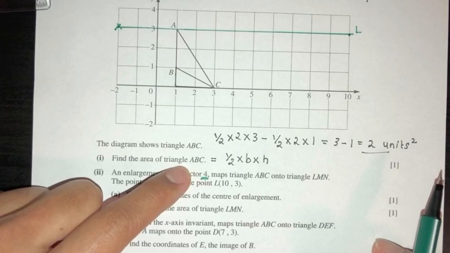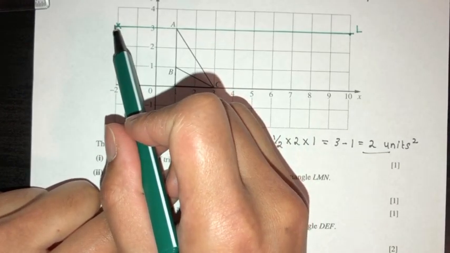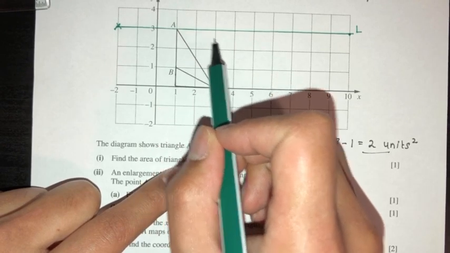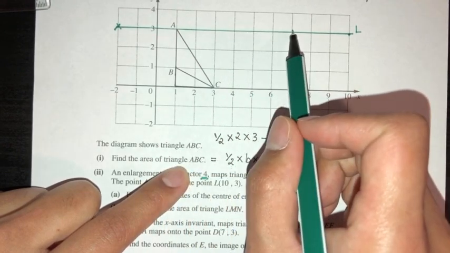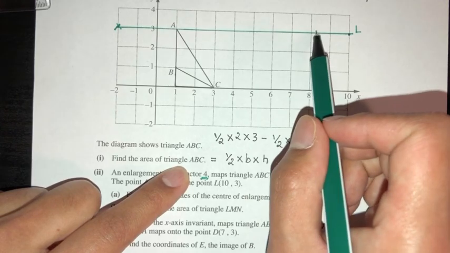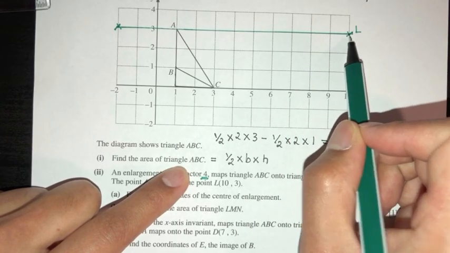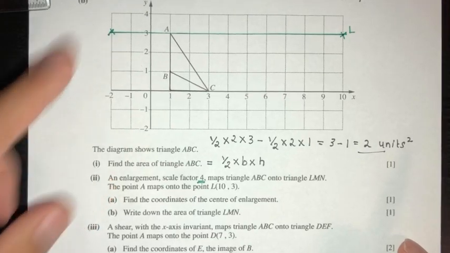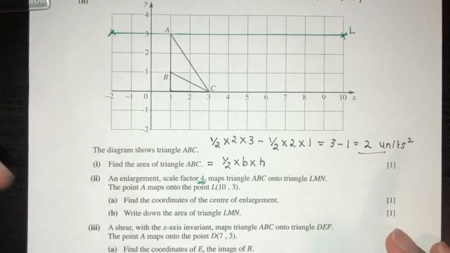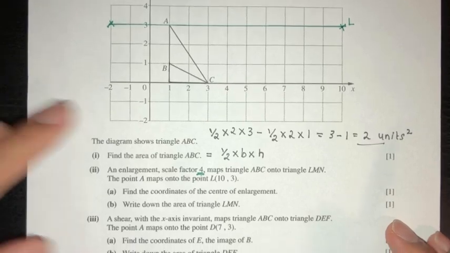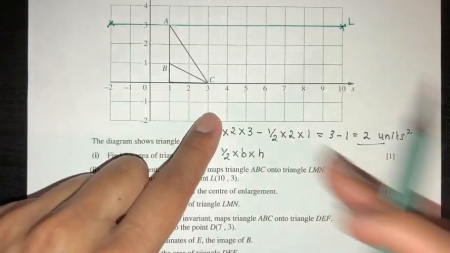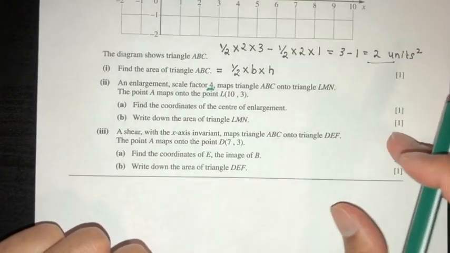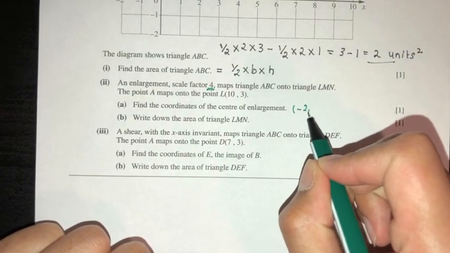Now if you enlarge this by 4, 3 times 4 will be 12. So you will have 1, 2, 3, 4, 5, 6, 7, 8, 9, 10, 11, 12. So it is exactly on the point L. That's how you can find the center of enlargement, by observation or by trying out which of those points corresponds to the scale factor of 4 to give you this image. So your point will be (-2, 3).